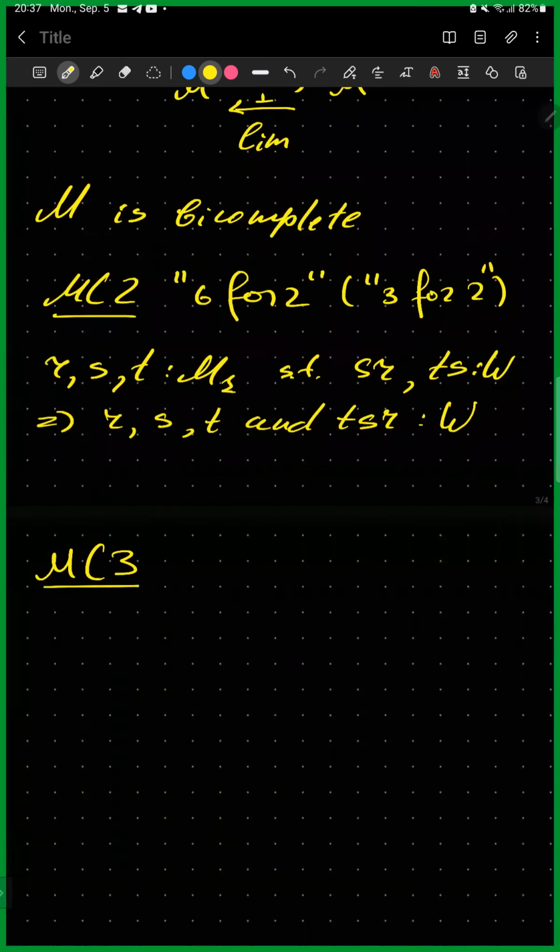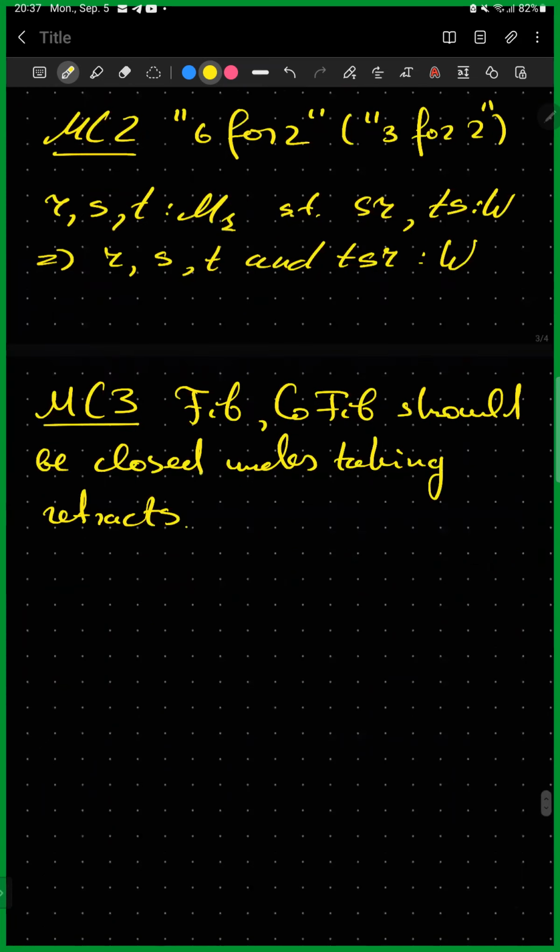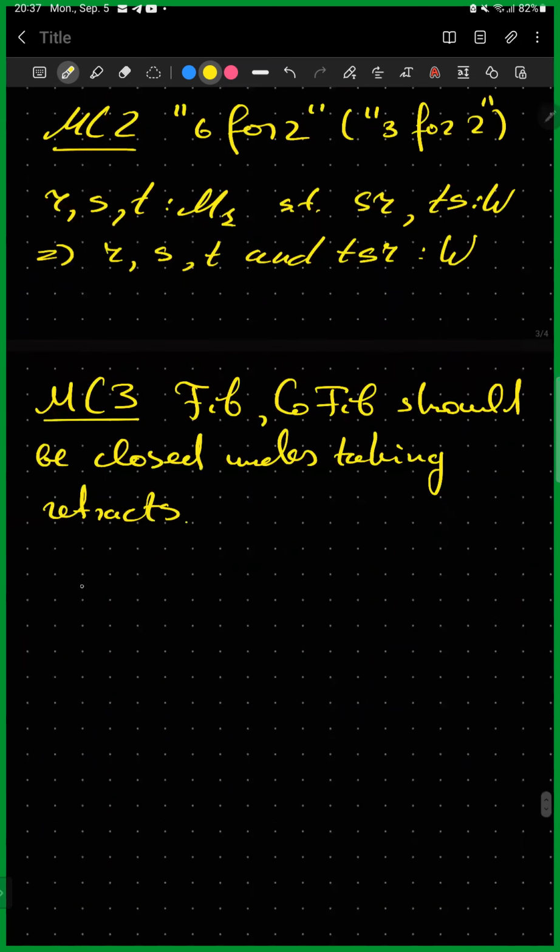The third axiom states that the classes of fibrations and cofibrations should be closed under taking retracts. So what does it mean to take a retract of a map? Well, basically it means that we have the following commutative diagram.